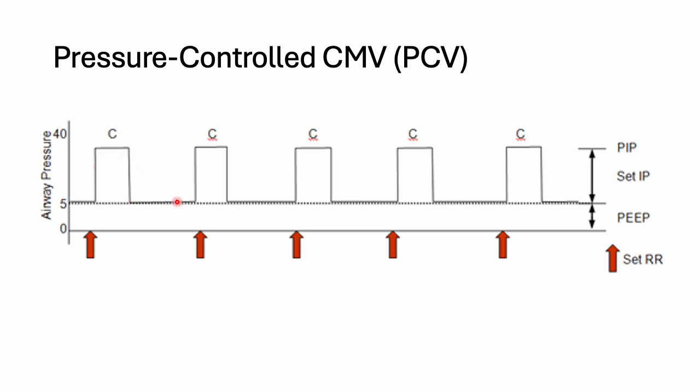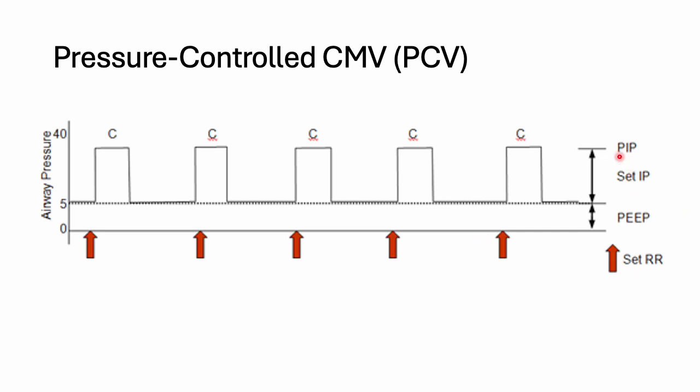So therefore, you see the regularity in these breaths. The intervals and the time are the same because they are set to be delivered based on time. Okay, as I mentioned before, let's just say, for example, the respiratory rate is set at 12. Okay, so 12 breaths per minute, the machine will deliver 12 breaths for that minute, for every minute. Okay, 60 seconds in a minute, 60 divided by 12, then each breath will be delivered every 5 seconds.